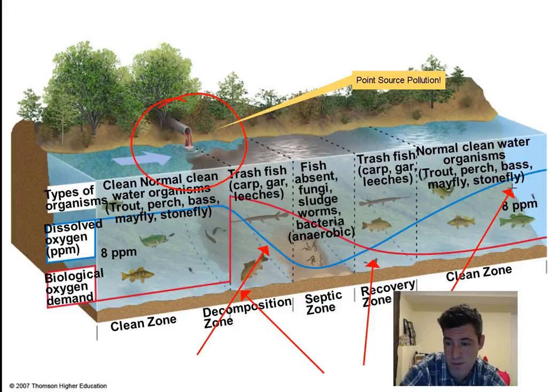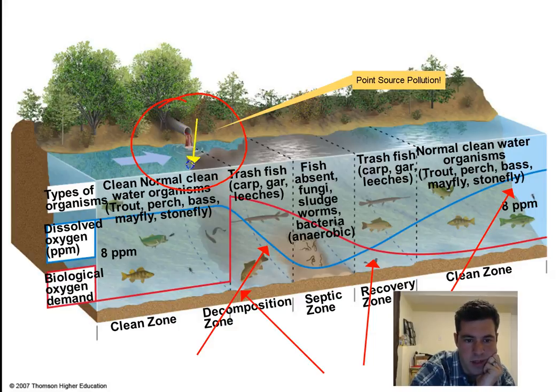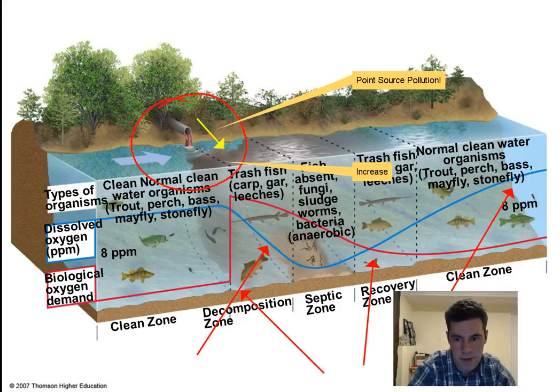If it's a fast moving stream, it's going to be able to filter out water a lot faster. I hope that this little demonstration is able to help you understand the relationship between BOD and dissolved oxygen. And lastly, at the point where you have the sewage being dumped, right in this general location, you're also seeing an increase in temperature.